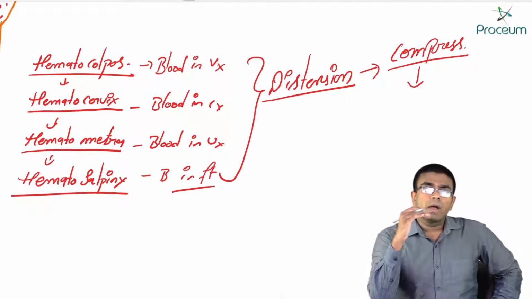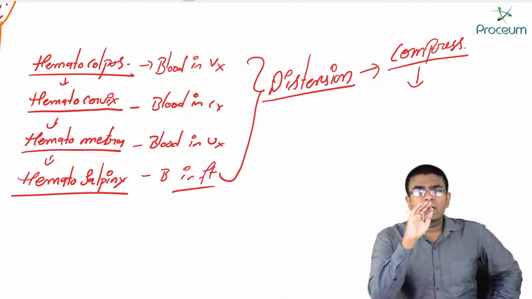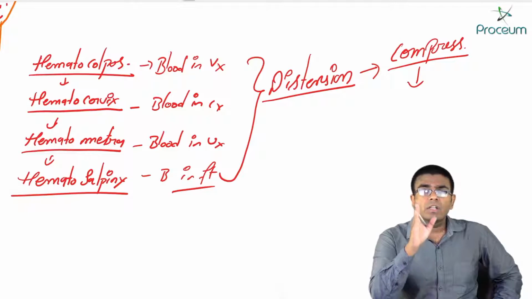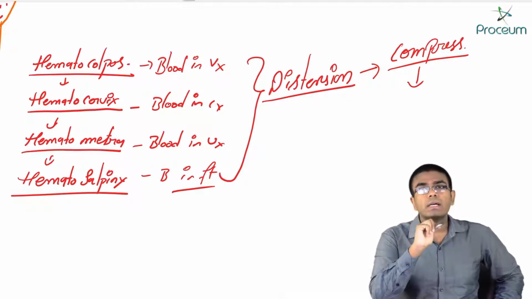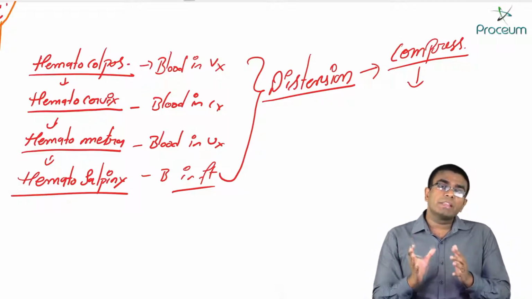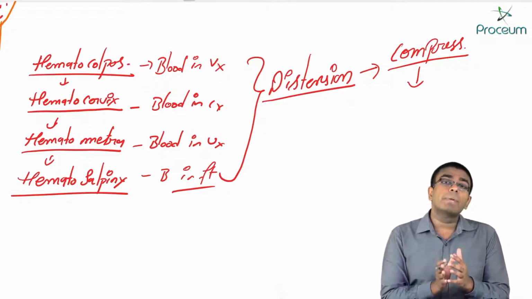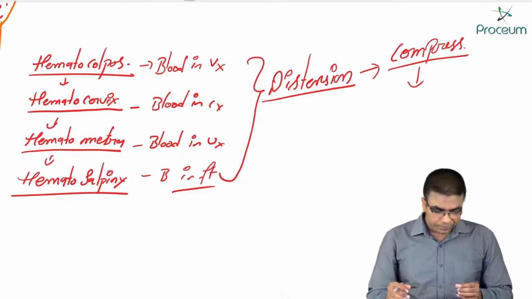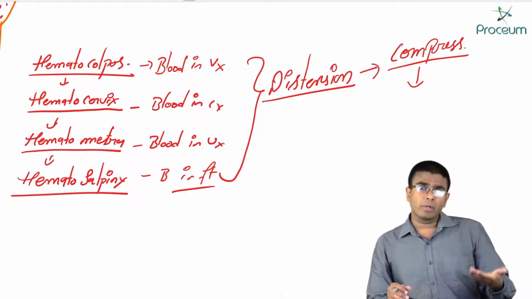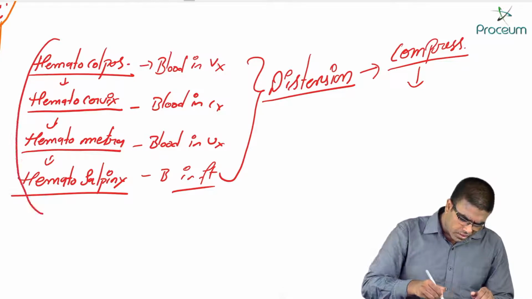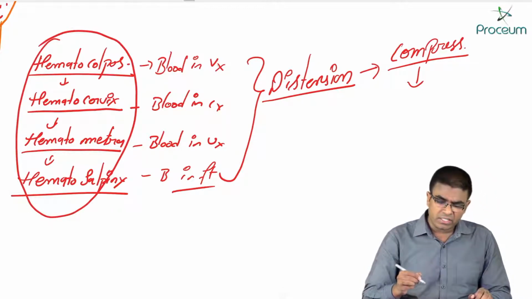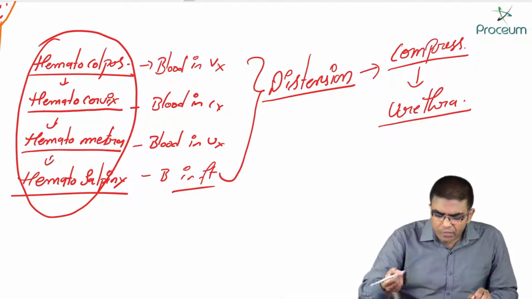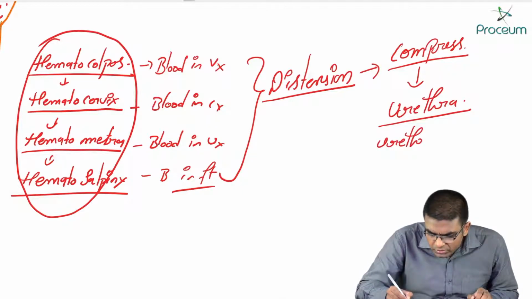In the anatomy of the female reproductive tract, we have clearly discussed that anterior to the vagina, the two important structures present are the urethra and the urinary bladder. Now this urethra and urinary bladder will be compressed because of the hematocolpos, hematometra and hematosalpinx. Because of this distension, it is going to compress the urethra, and even sometimes the urethral sphincter.